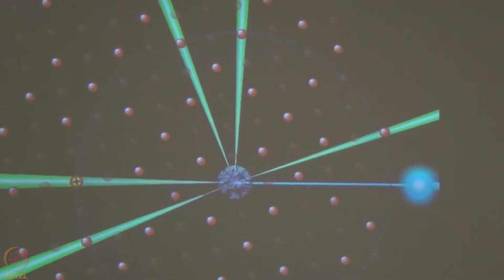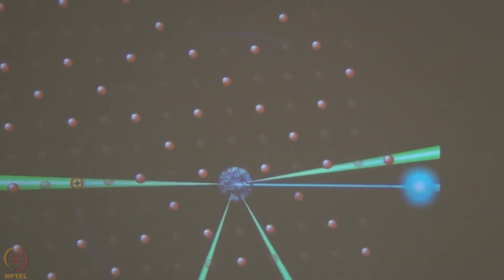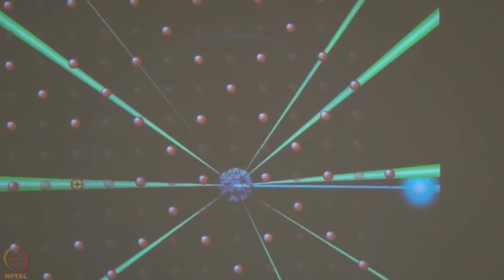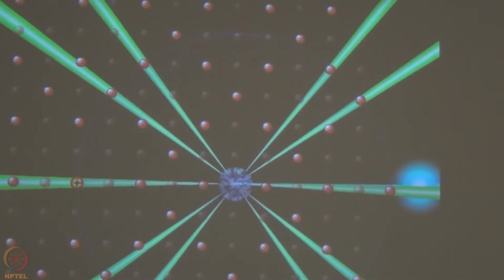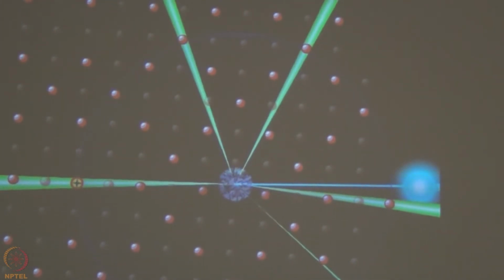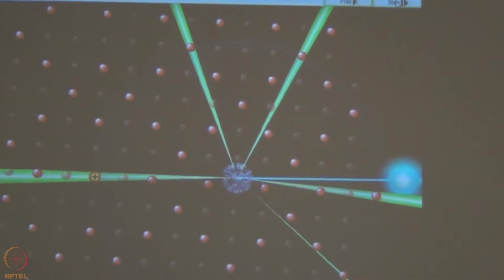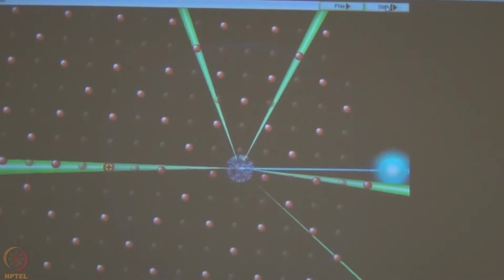Right? If you keep your eye on that bright reciprocal lattice point, as soon as it touches, the diffraction starts. In 2, 3 steps you get the maximum intensity, and when it goes inside, the intensity disappears.